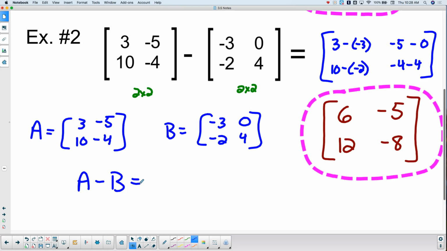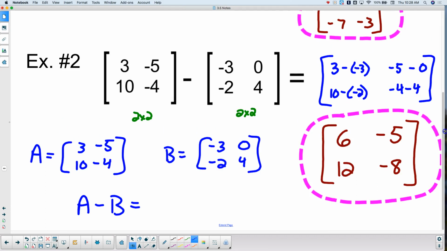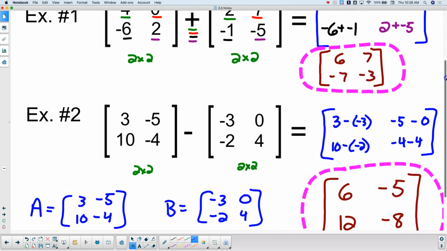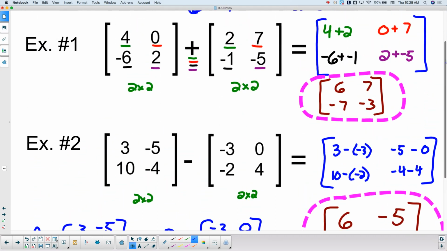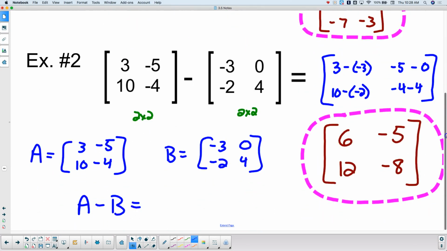Matrix A minus matrix B. Up top, it would have been matrix C plus matrix D, and so on and so forth. So it means the exact same thing. You're doing the exact same thing.